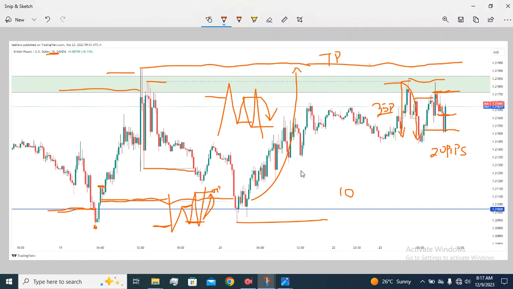One trade is enough to keep your psychology, your mind, at a good level. You don't have to lose money to tilt your psychology again.